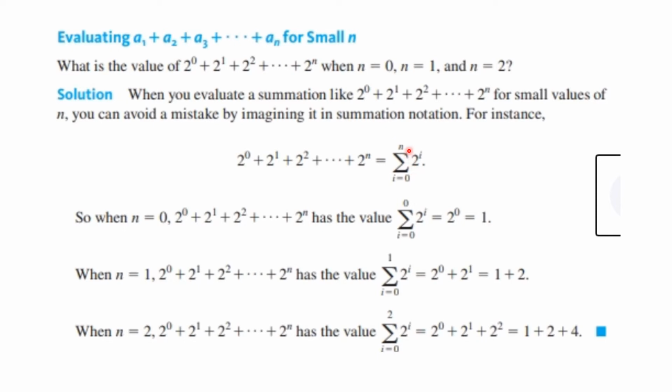So you see the n's are what you're putting up there. If you go from 0 to 0, that just gives you one term, and that's going to be 1 because 2 to the 0 is 1. If you let n be 1, you get 2 terms that you sum, and the answer is going to be 3. And if you let it be 2, you get 3 terms, and the answer is going to be 7 if you finish that.